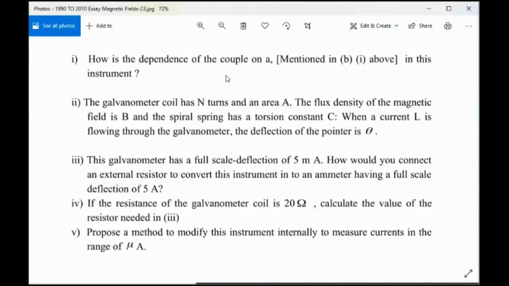How is the dependence of the couple on alpha avoided in this instrument? That word is missing. Here there should be the word avoided in this instrument. How do we avoid the dependence on alpha?